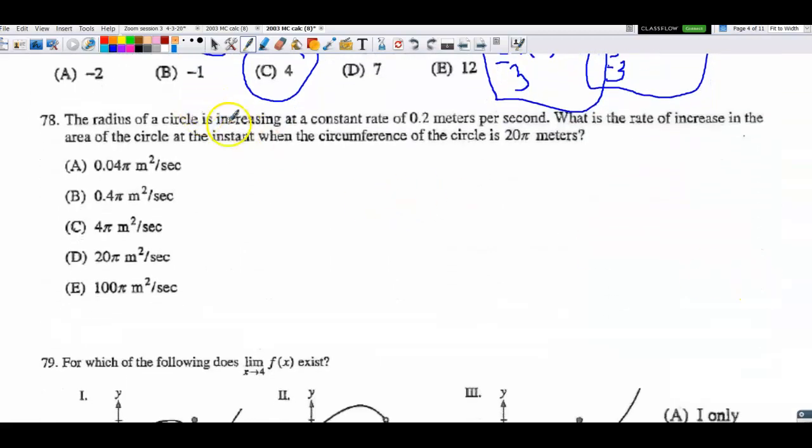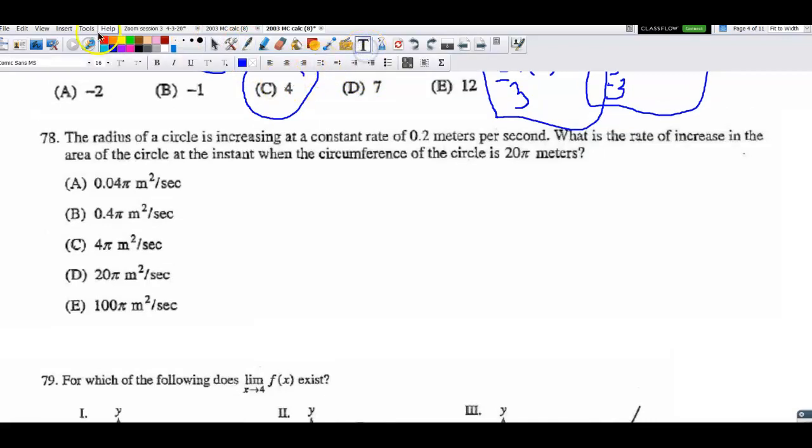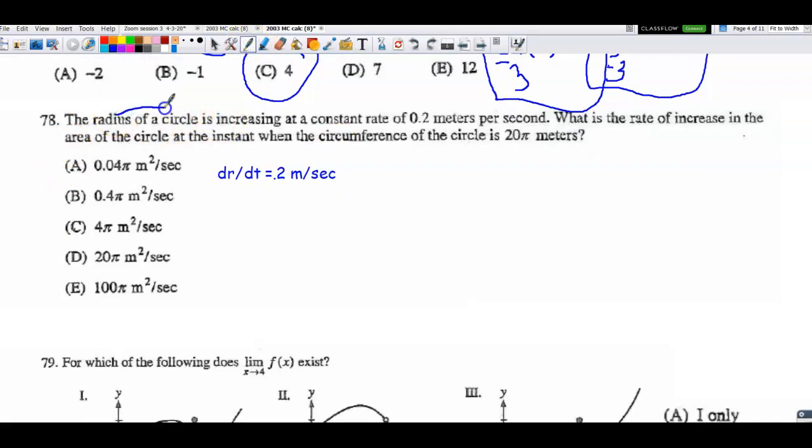In number 78, the area of the circle is increasing at a constant rate. Notice what was just stated: dr/dt is 0.2 meters per second. Remember we read with our pencil, with our eyes, and with our minds. That's the radius rate.